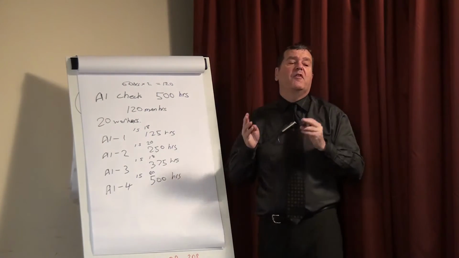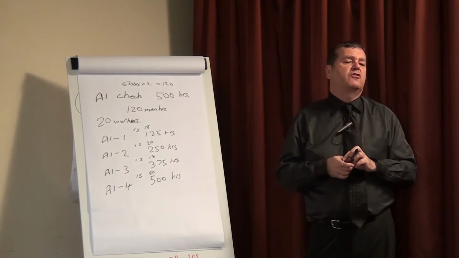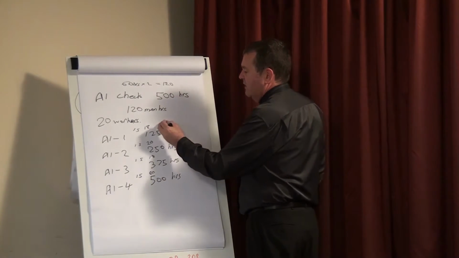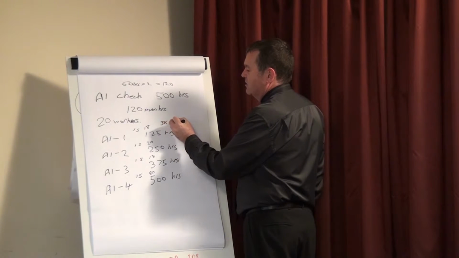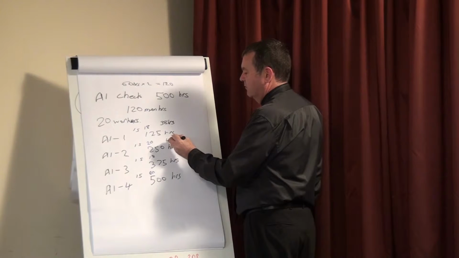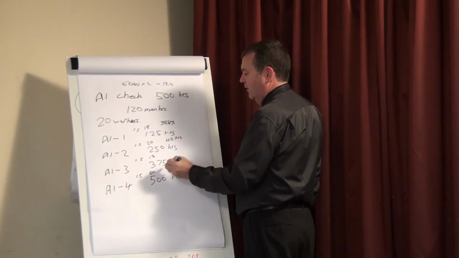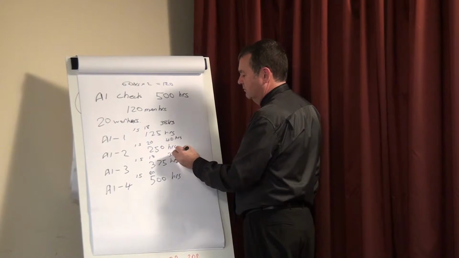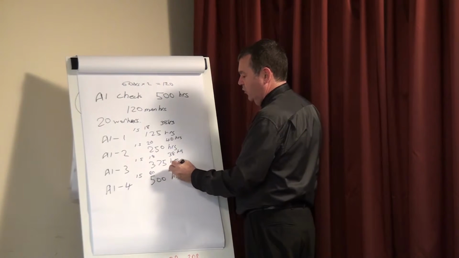Remember though that we have a factor, our factor of times 2. So this gives us 38 hours. This gives us 40 hours. 38 and 40.